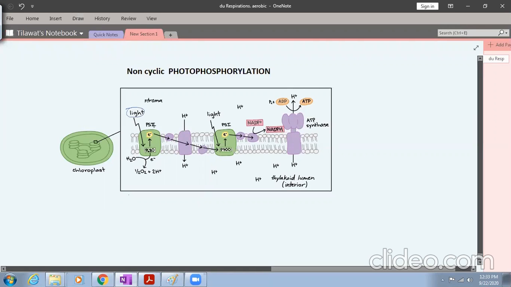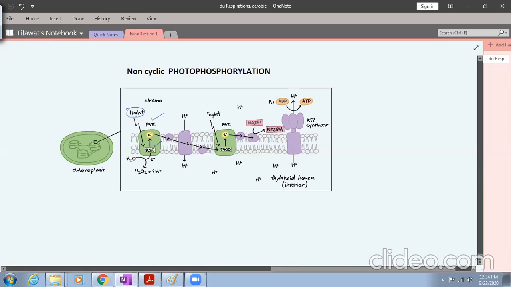On photosystem 2, as I discussed with you, it will absorb the P680 nanometer wavelength of light. When sunlight falls on photosystem 2, it is accepted by what? By accessory pigments, and after that by the reaction center complex, and that light will move to the reaction center.